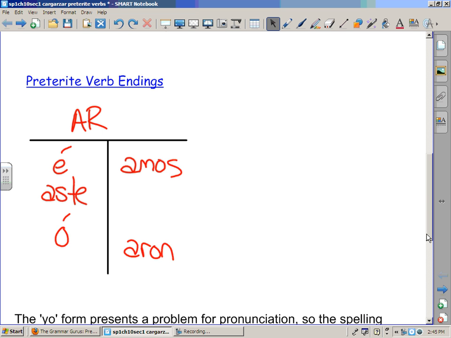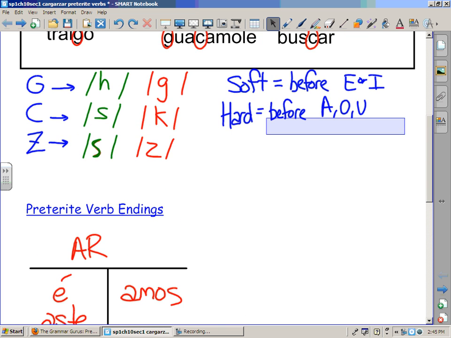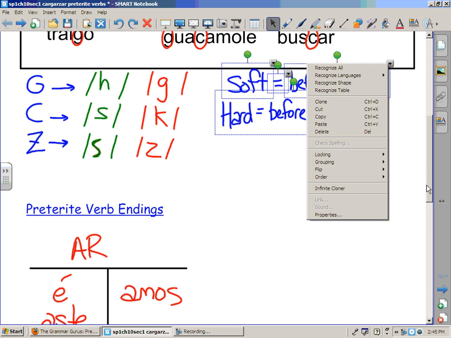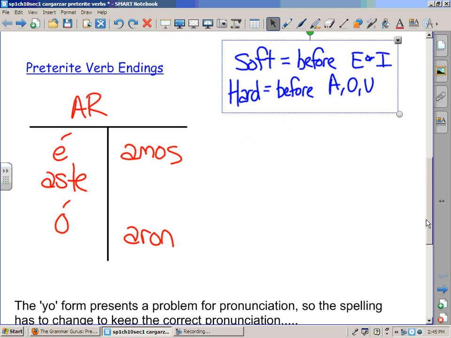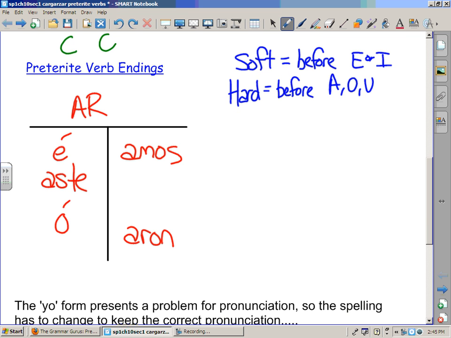Okay? So if I'm looking at this and I'm saying, man, I'm pronouncing this great, I'm on fire. AR is going to make these. You see what's happening here? We were working with C, with G, and with Z. That's where I'm getting CAR, GAR, and ZAR.